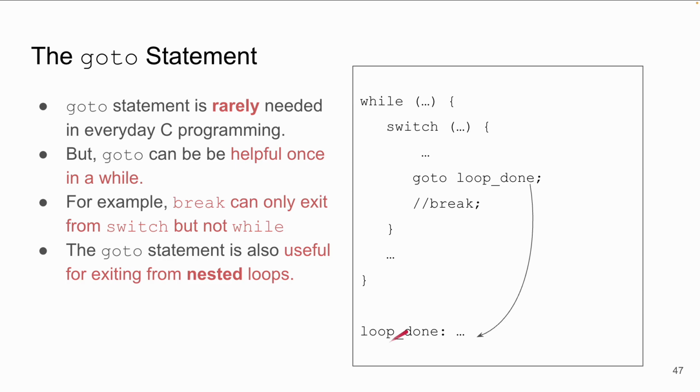For example, if you want to break from a switch and a while loop at once, from a nested structure, then you cannot use break because break can only exit one layer. But with goto you can go to anywhere you put the label. So goto is a useful statement to exit from a nested loop.